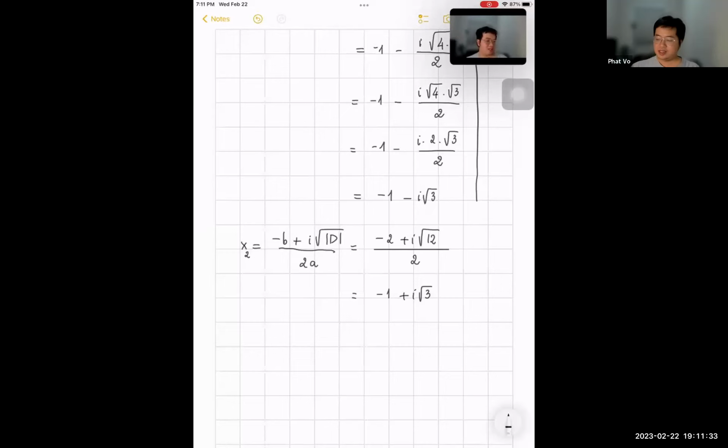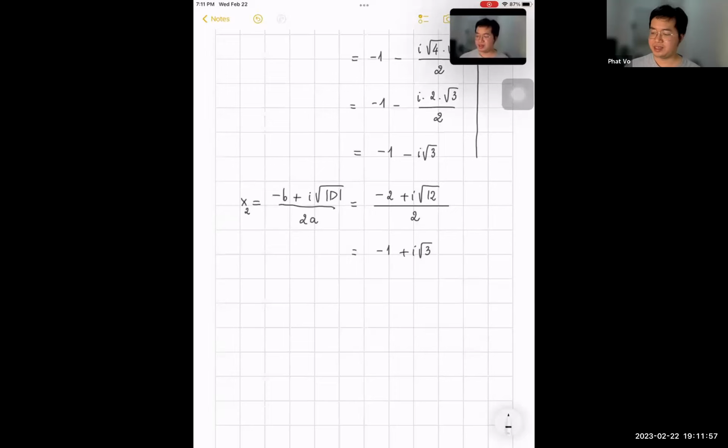Okay, so that is the way to solve quadratic equations in the case where the discriminant is less than 0. We can solve like this. Okay, and so I will give you some other problems related to complex numbers, and this appears often in the final exams.